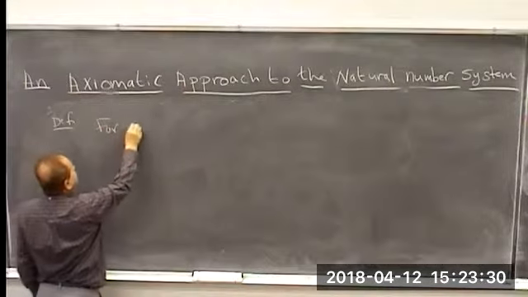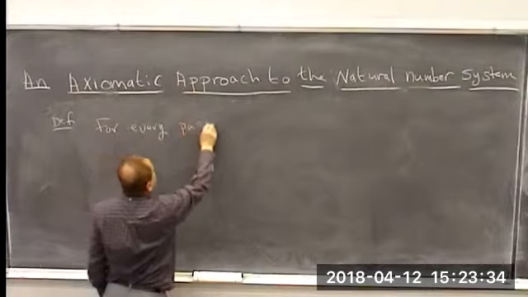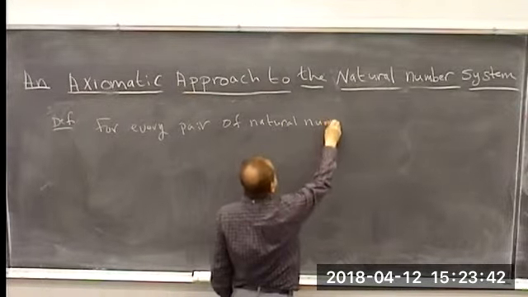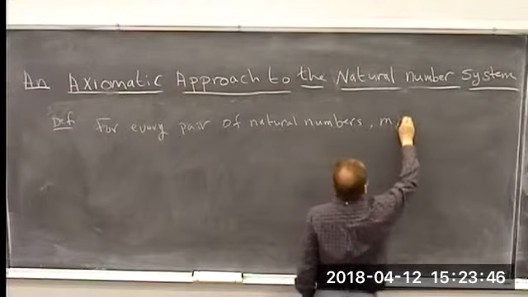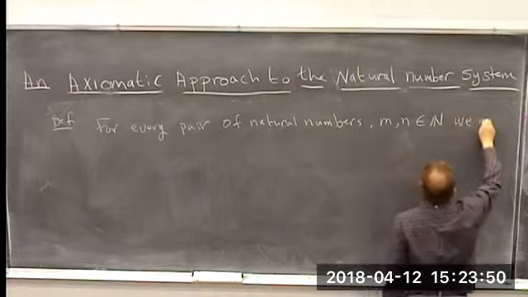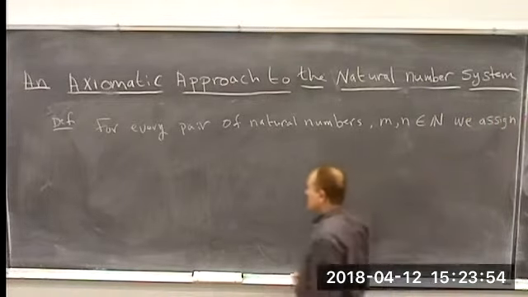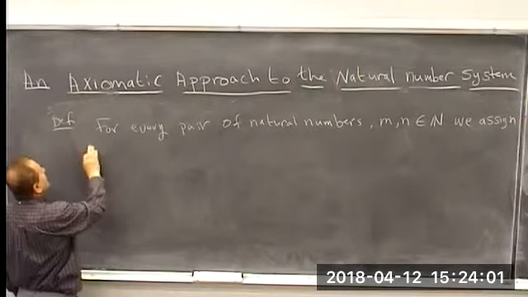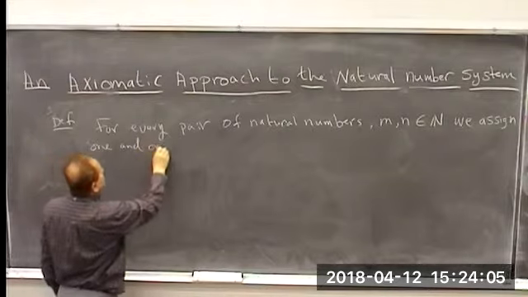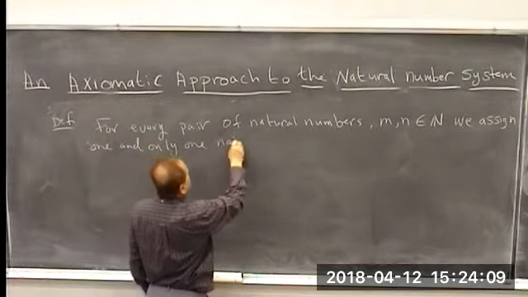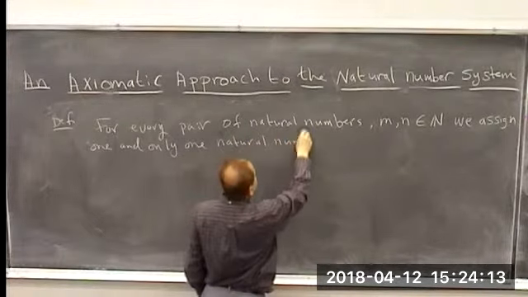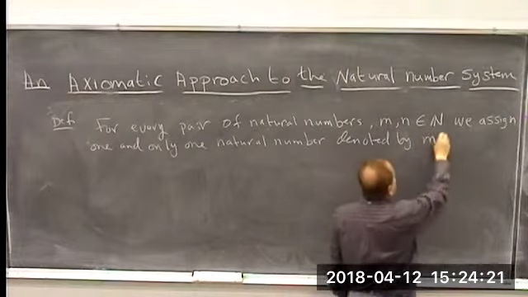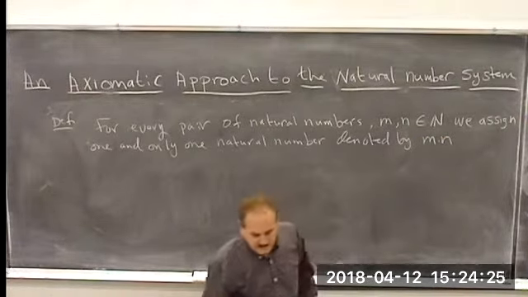For every pair of natural numbers M, N, we assign a natural number, actually one and only one natural number, denoted by m times n, like this.